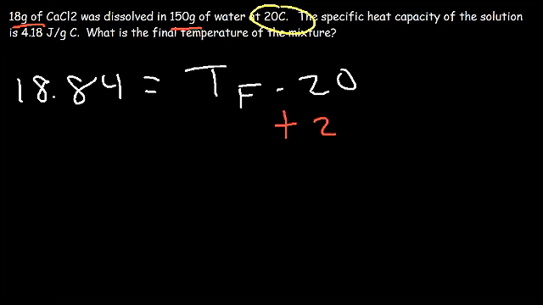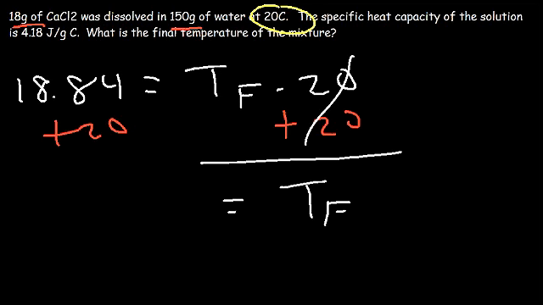So the last thing we need to do is add 20 to both sides. So the final temperature is 18.84 plus 20. So that's 38.84 degrees Celsius.